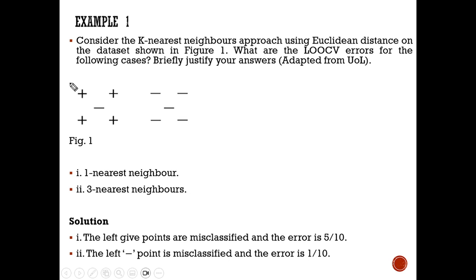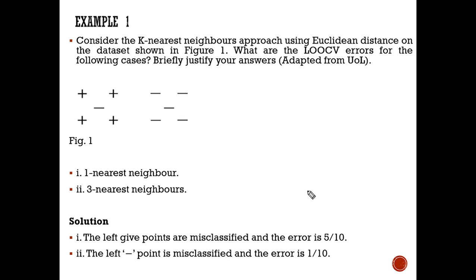So that's what we're talking about with one nearest neighbor. In that case, we can deduce that the misclassification error due to one nearest neighbor is 5 out of 10. Now let's look at 3 nearest neighbors.